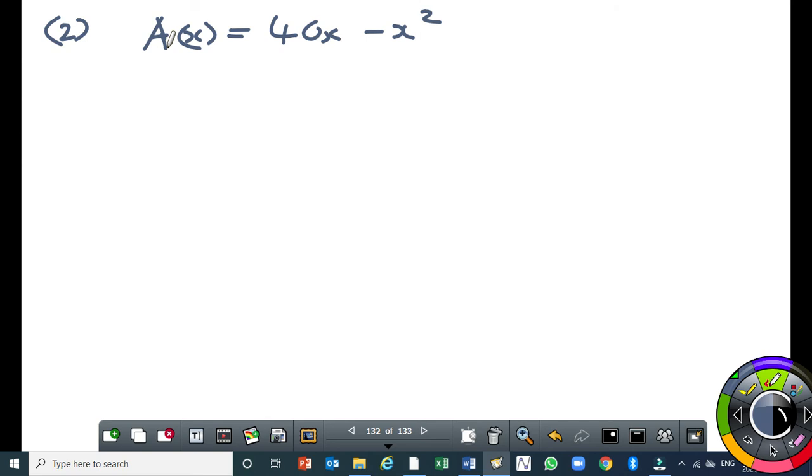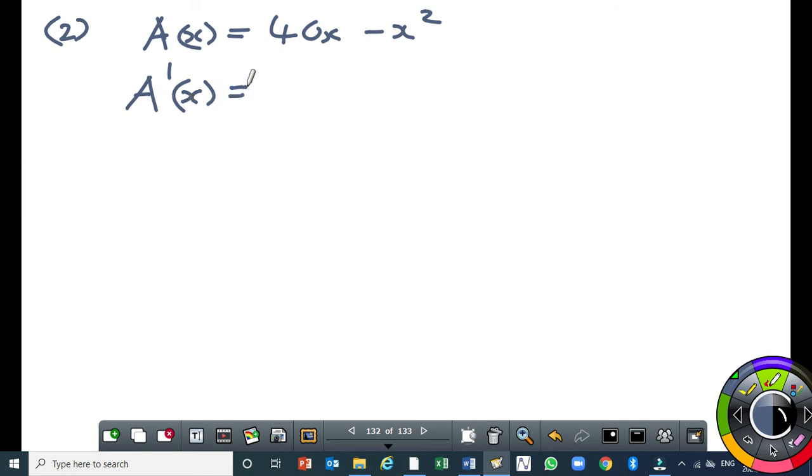Okay? So, what this means is, if I want to find the derivative, I'll write it as A prime of x. Remember, we used to write it as f prime of x. Now, I can also write it using another notation, but at this stage, I don't want to confuse you. I'll talk about it next time. So, A prime of x will be the first derivative.